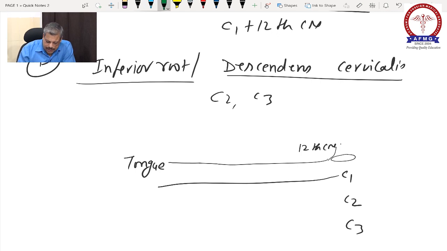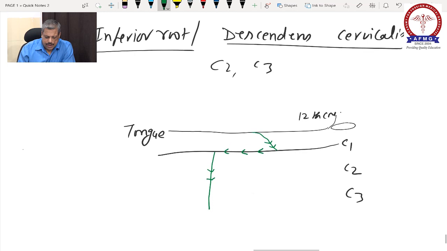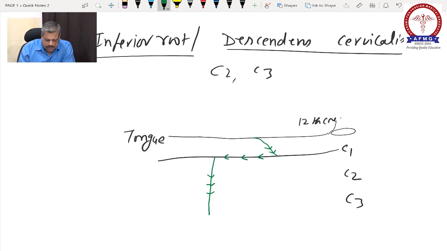Now the 12th cranial nerve gives a branch to the C1 nerve. The fibers of the 12th cranial nerve come out along with the fibers of the C1 as the superior root of ansa cervicalis.